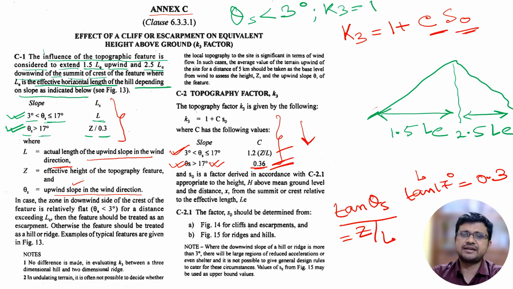From this particular line, if we think in the upwind and downwind direction, this will be the influence of the topographic feature when wind is coming from this side. Because when wind is coming from this side, this will be the upwind slope and this will be the downwind slope. And this particular angle will be theta s, not this one. So this is theta s.